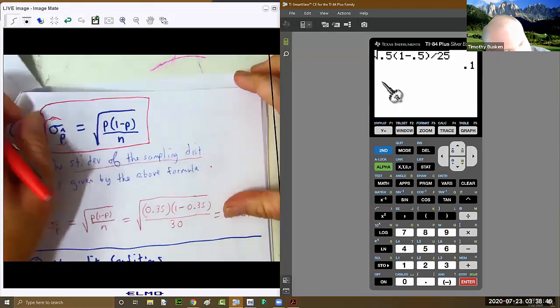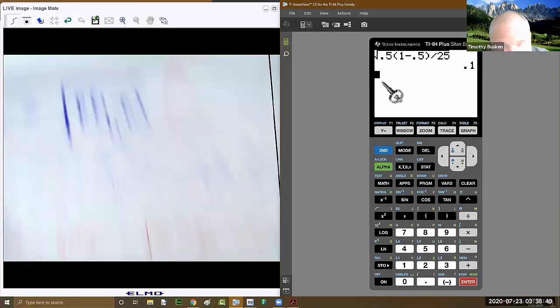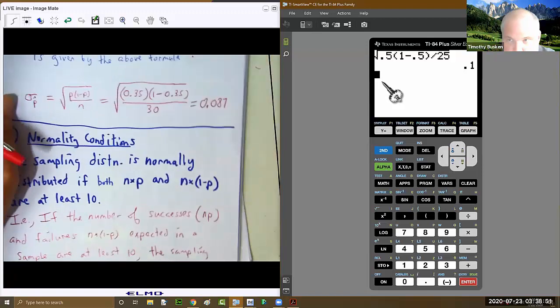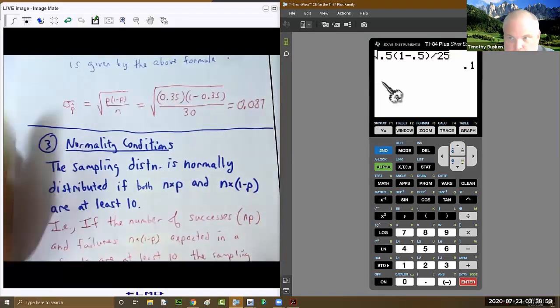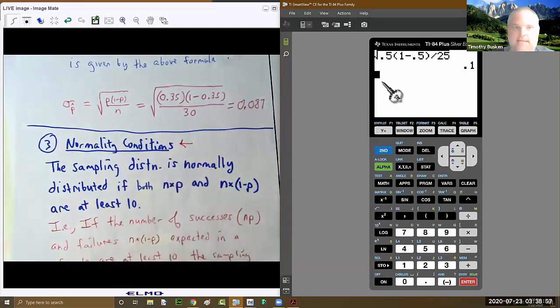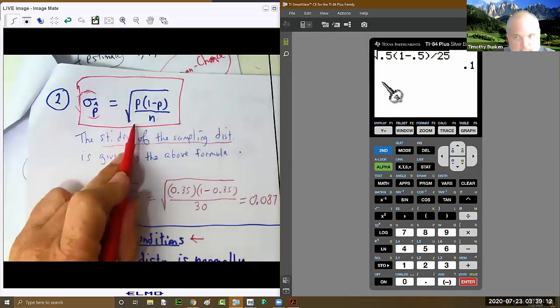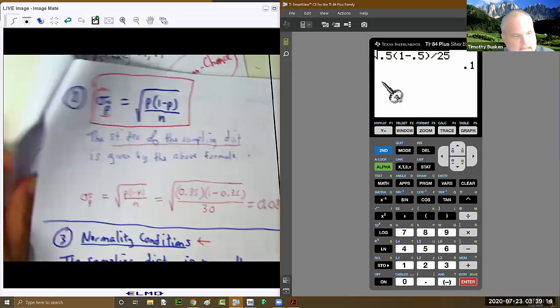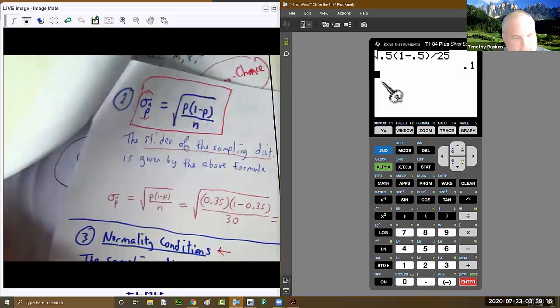And then finally, the third property that the central limit theorem proves, the third property of sampling distributions, is what's called the normality conditions. Under what conditions is my sampling distribution approximately normal? Because if the sampling distribution is not approximately normal, then this formula here doesn't hold, and neither does the previous formula.